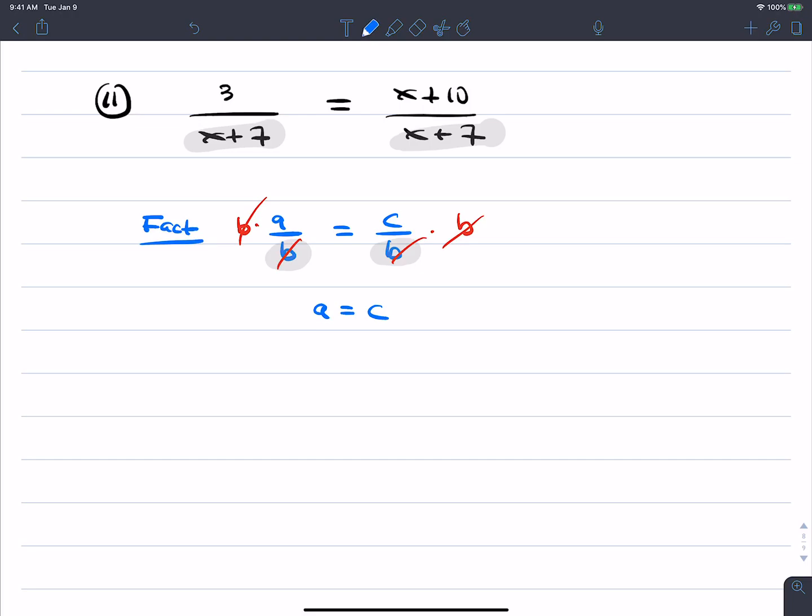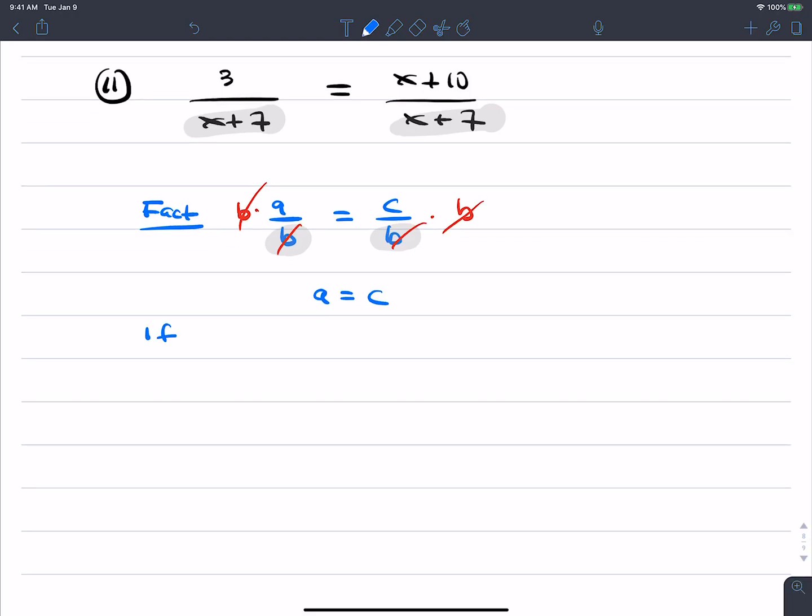So here's what I want to remark. If you have a proportion, and the denominators are the same, what that implies is this. We can write it this way. If a over b equals c over b, then a equals c.